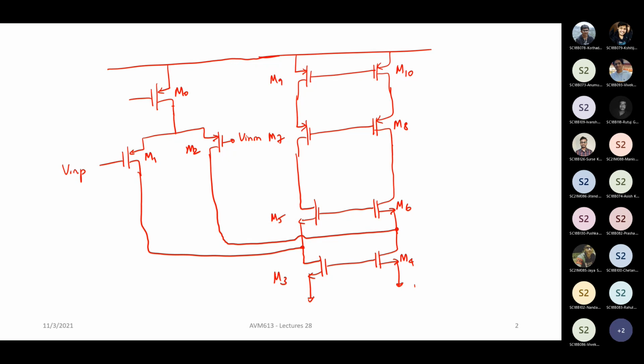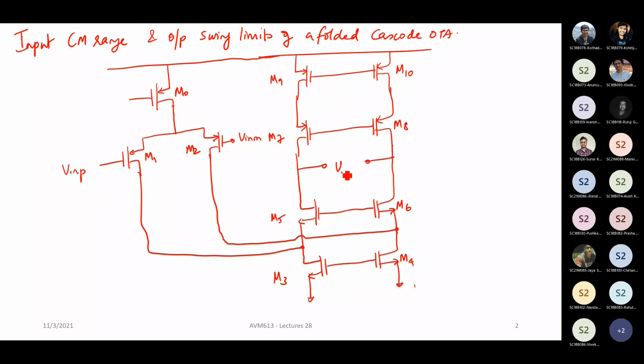Now today I want to start off with looking at the input common mode range and output swing limits of a folded cascode. This is your V out, let's say plus minus is in this direction.